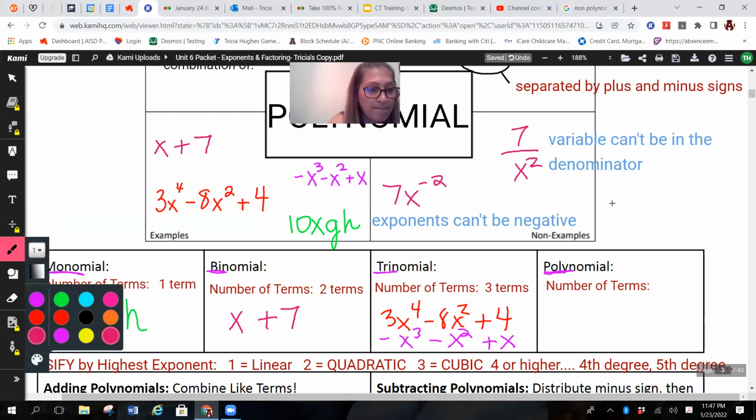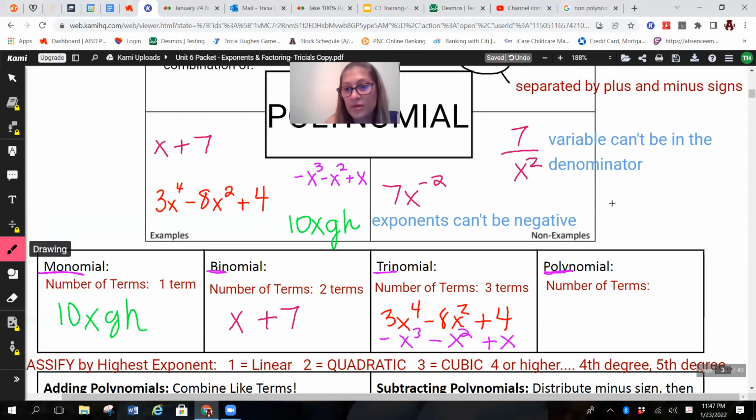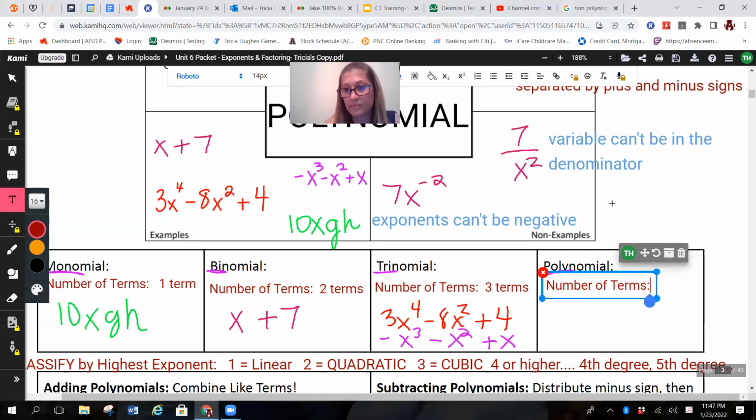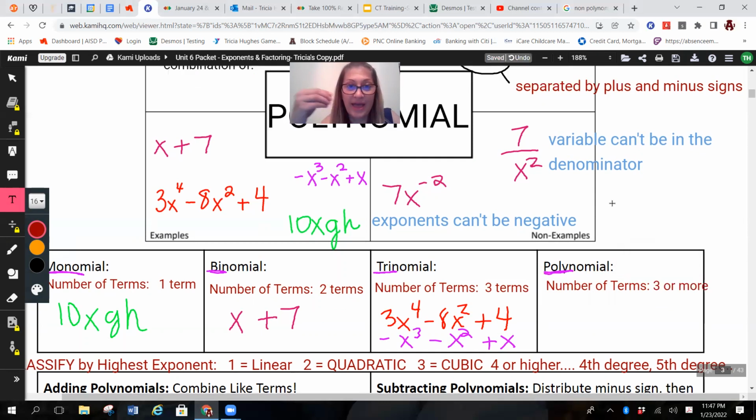And for a polynomial, the number of terms would be 4 or more. Well, 3 or more. But after the mono, binomial, and trinomial, there's no other fancy name for when there's 4. A quadrinomial. We don't call it a quadrinomial.